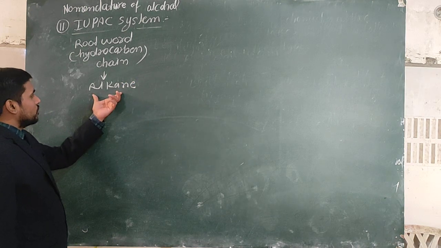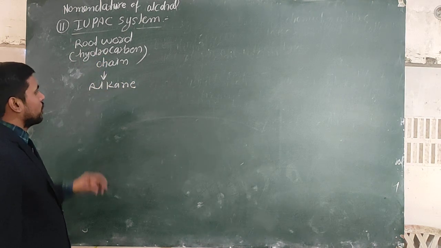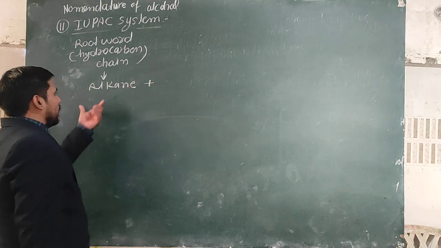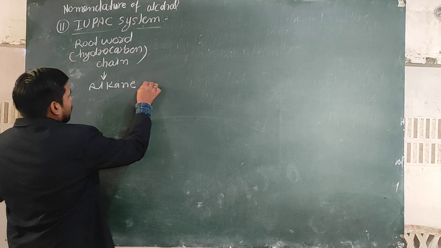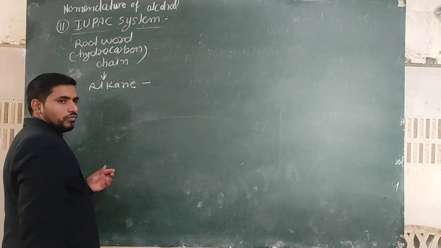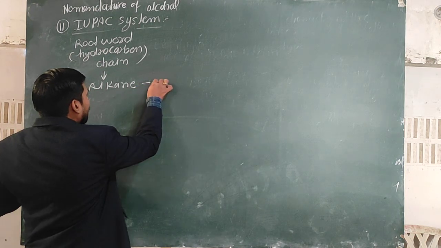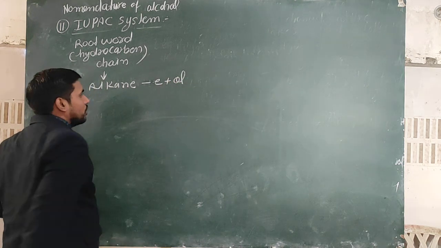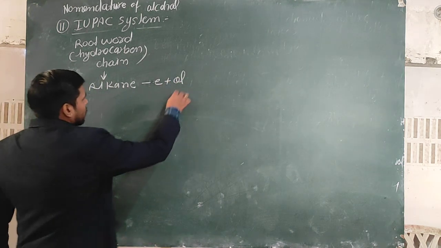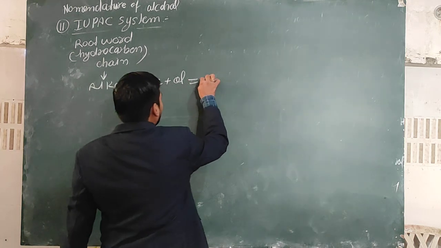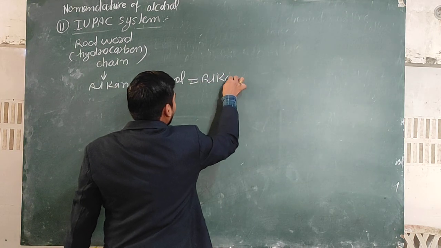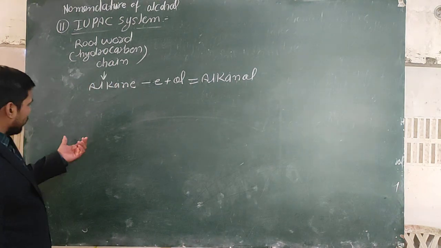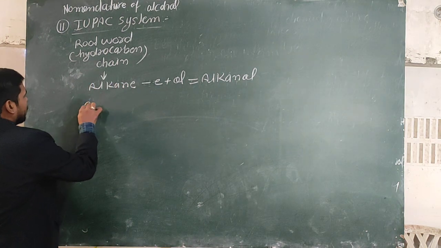After considering the alkane, we remove the letter e and add ol in the form of a suffix. Then the name of the alcohol is alkanol.